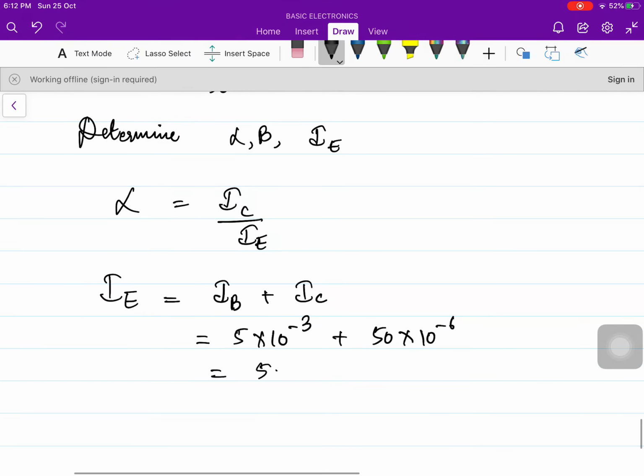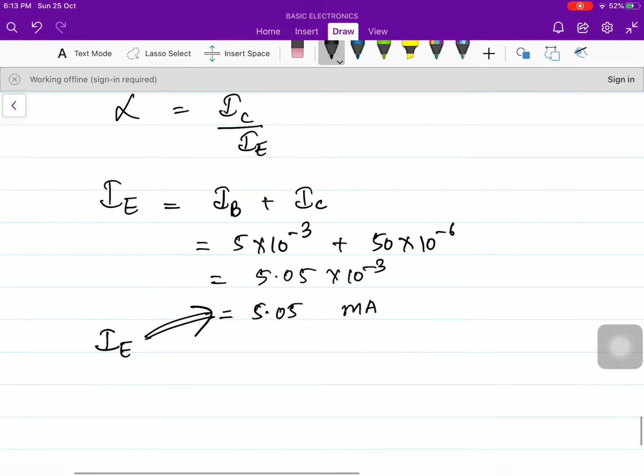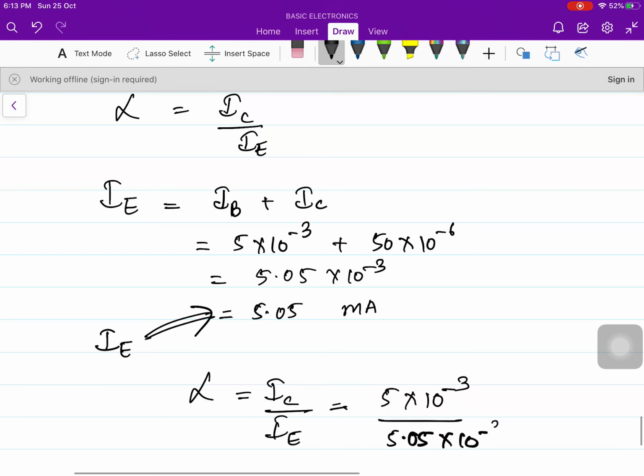When you add them, you will get 5.05 into 10 raised to the power minus 3, that is 5.05 milliampere. So you are done with IE. Now you can easily calculate alpha. When you put the values, 5 into 10 raised to the power minus 3 and 5.05 into 10 raised to the power minus 3, you will get the answer as 0.99.